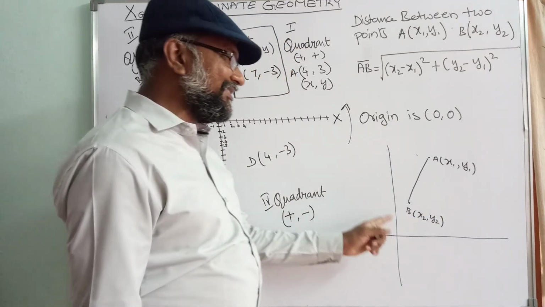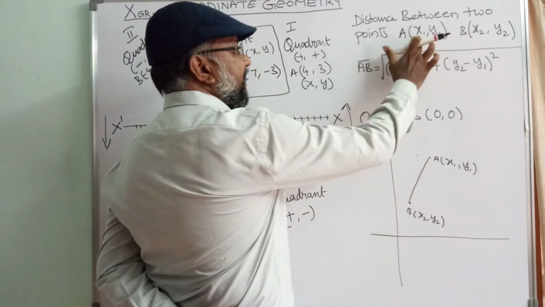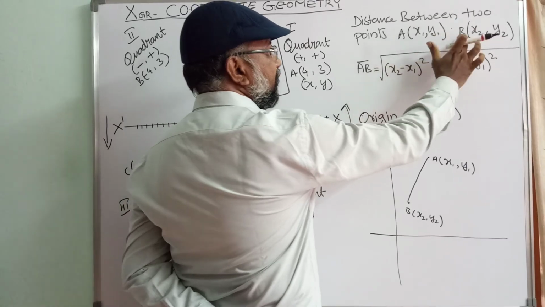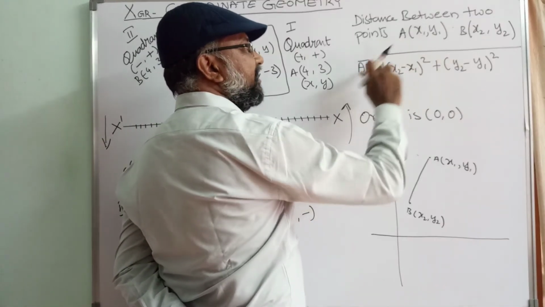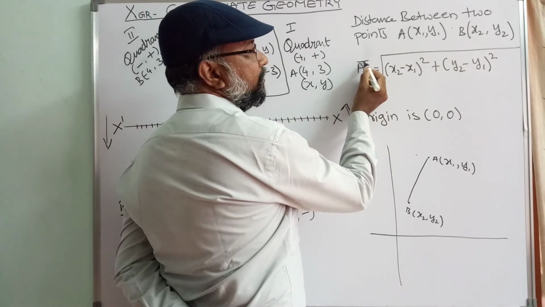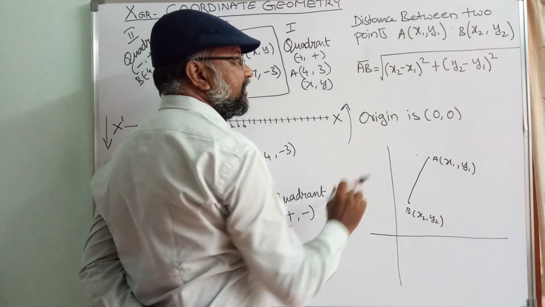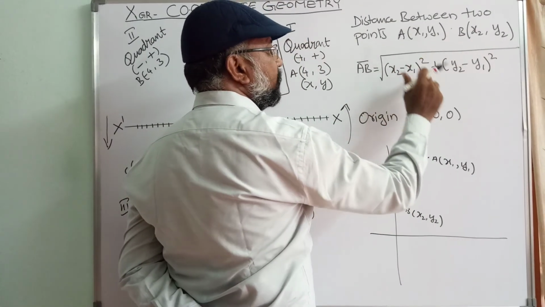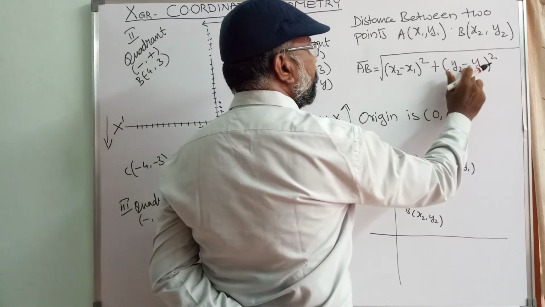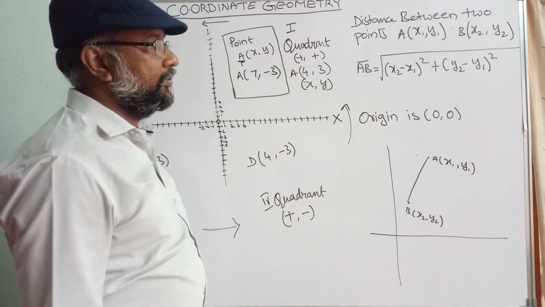So the distance between the two points A (x1, y1) and B (x2, y2): the distance between A and B, written with a line segment over it, is equal to the square root of (x2 minus x1) whole squared plus (y2 minus y1) whole squared. Clear?